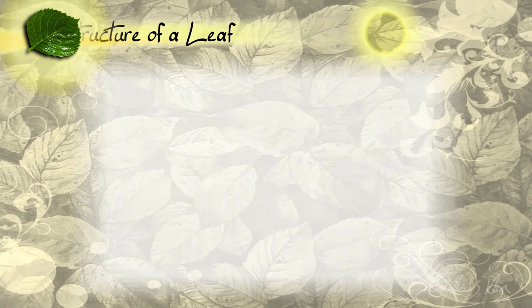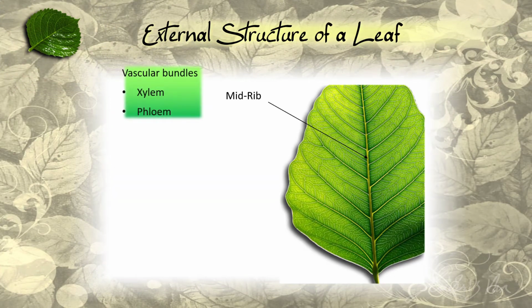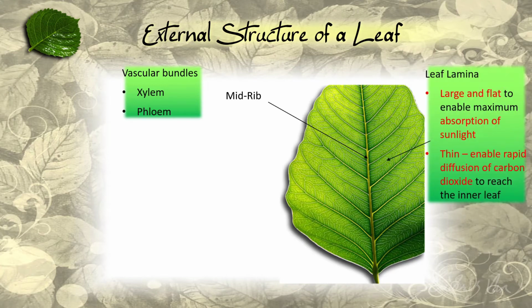Now let us take a look first at the external structure of a leaf. The distinct part that you will be able to notice is the middle part, which is the midrib, which is basically the vascular bundle. As mentioned, it is the xylem and the phloem. The leaf lamina is large and flat.